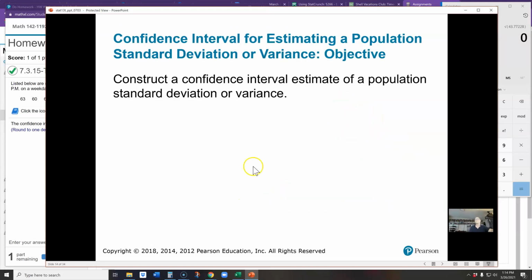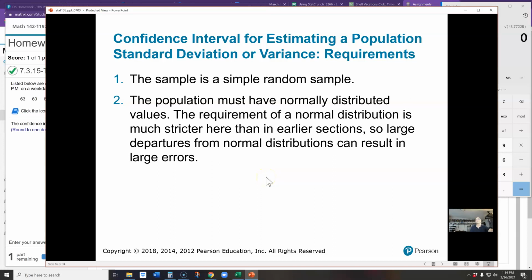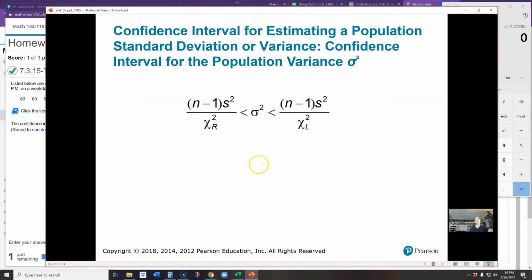Then they would convert those values into values for the variance, which they're showing here with a formula. Again, we're not going to use the formula, but I'm going to illustrate something here nonetheless. You would use the right critical value and the left critical value that they're showing here.